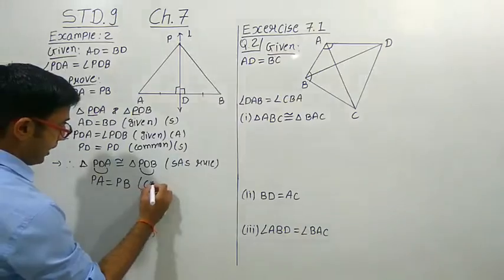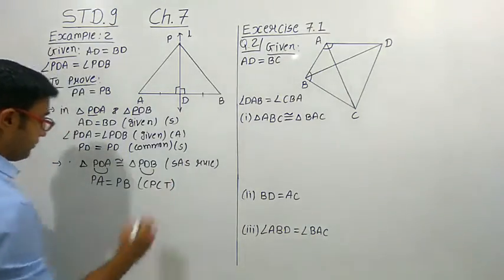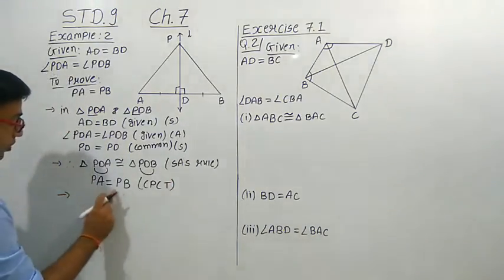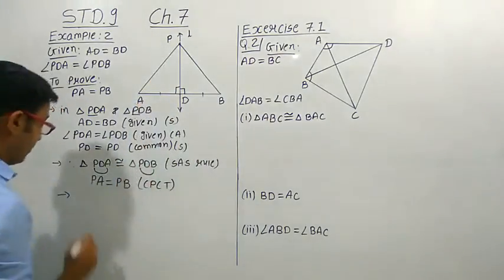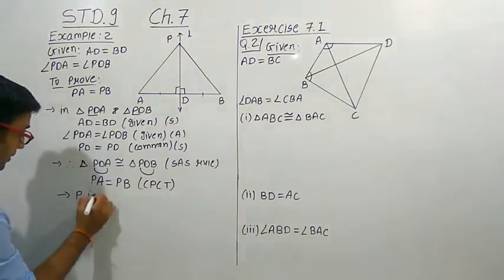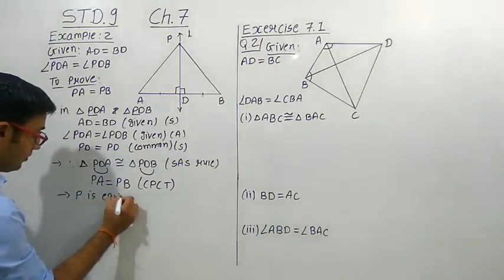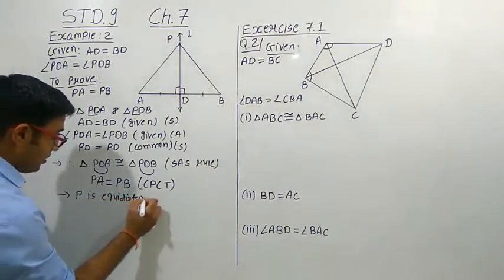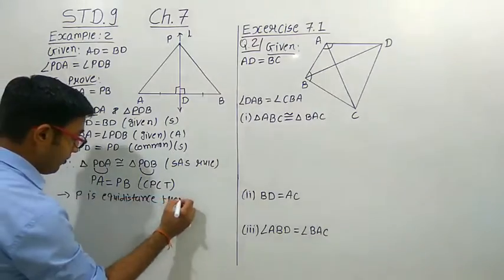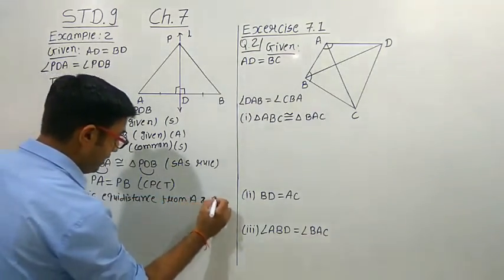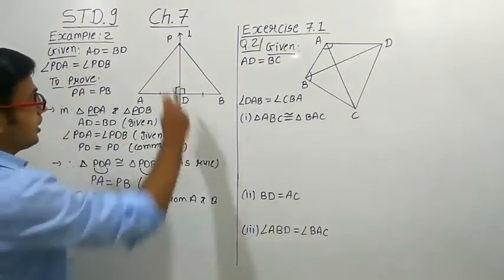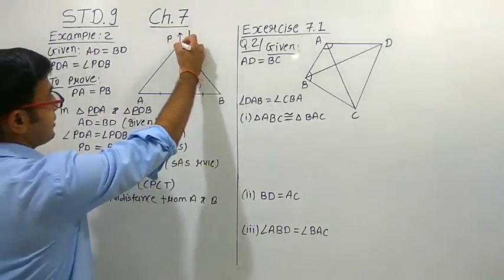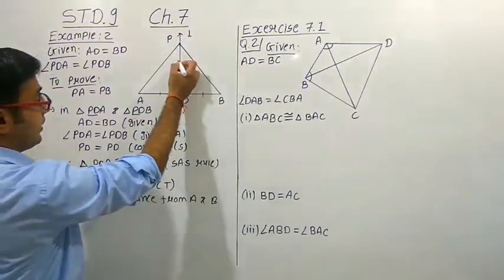We write it by CPCT. Now the point P is at equal distance from A and B, so we can write that P is equidistant from A and B. Okay, you can write this down. We have taken this point P here; we can also take the point P here.